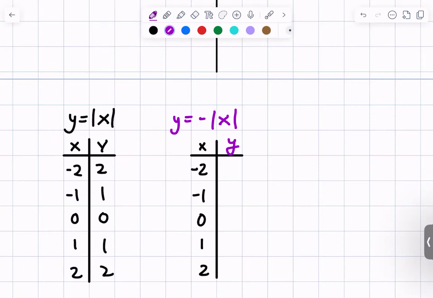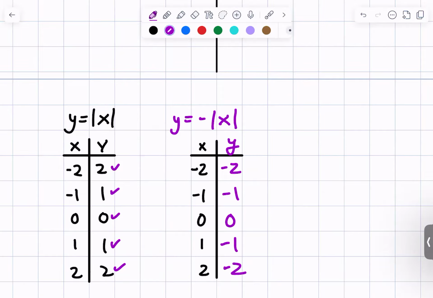And so how are my y's being affected? They become negative, right? Or take the opposite sign, or we're going to multiply it by -1. So the 2 becomes -2, 1 becomes -1, 0 becomes 0, 1 becomes -1, 2 becomes -2. Right?